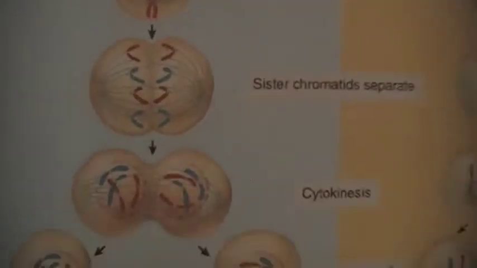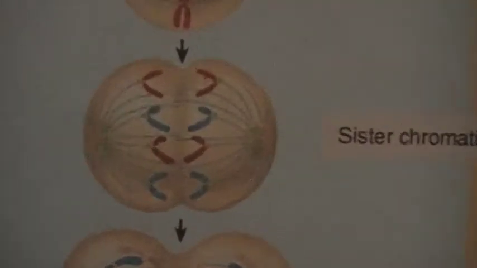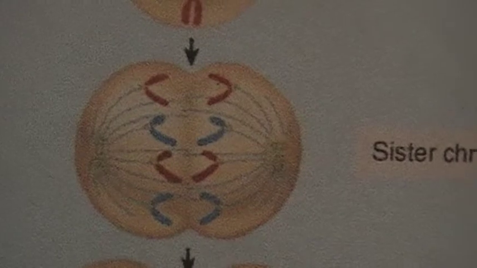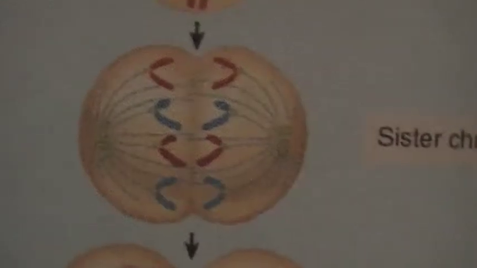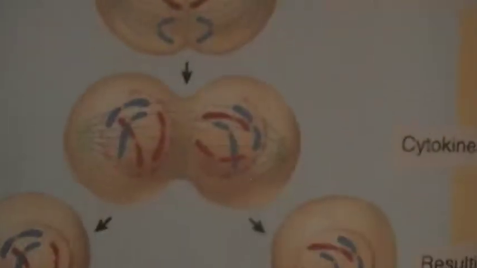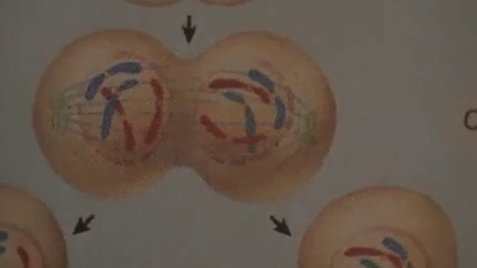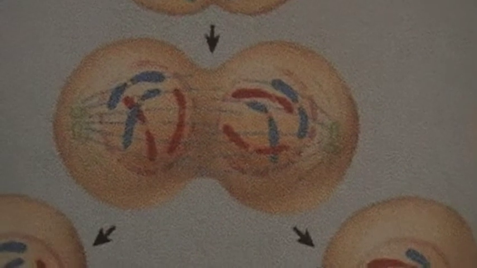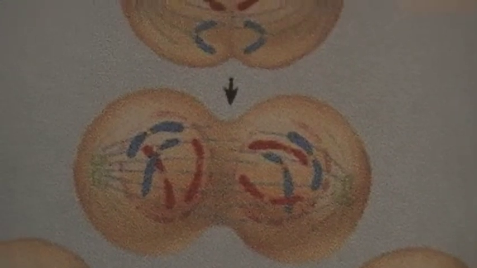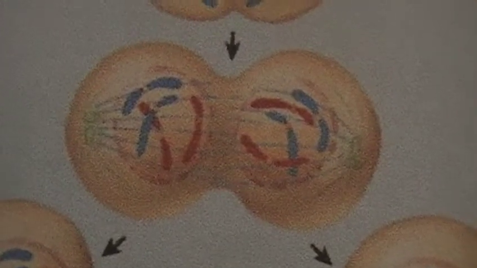What happens in anaphase? What happens in the last phase where the cleavage furrow completely separates into two nuclei? What's the name of this starting with C?